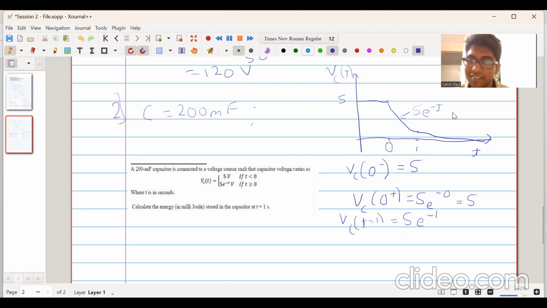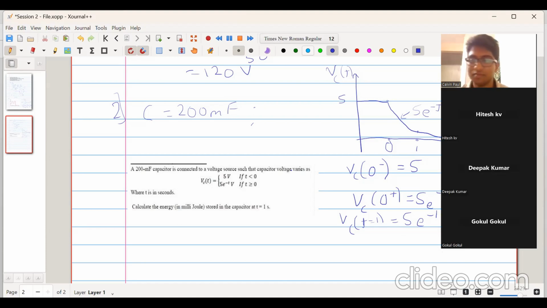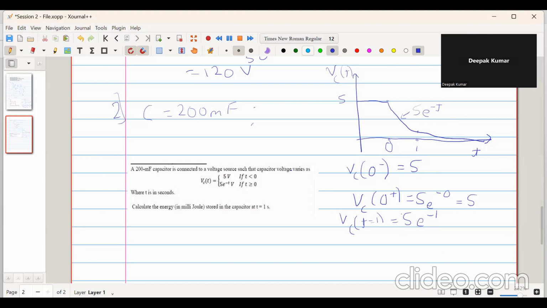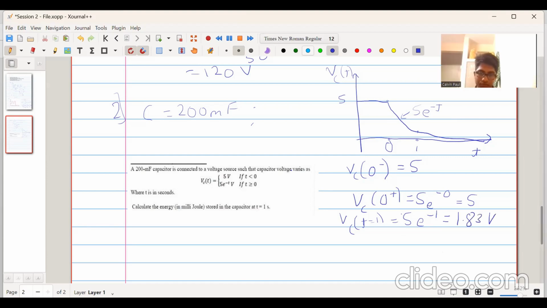No one has a calculator. I just got it. It's 1.83. It's around 1.83 volts.